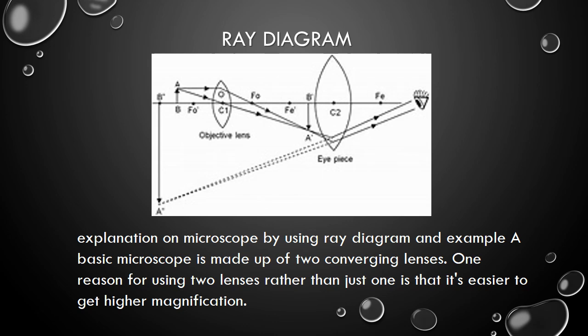This magnification tells us how many times larger an image we can see. In this, the objective lens has a smaller focal length than the eyepiece, and the distance between the objective lens and the eyepiece is greater than the focal length of the objective plus the focal length of the eyepiece. It is used to see very small objects. Thank you.